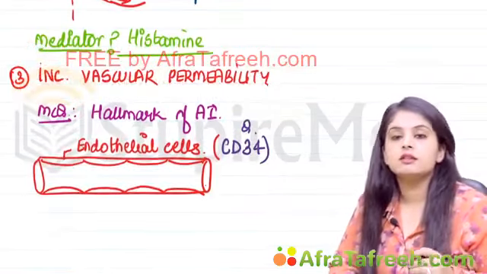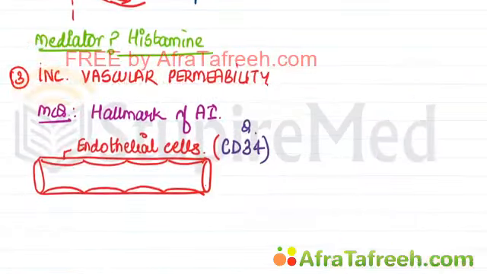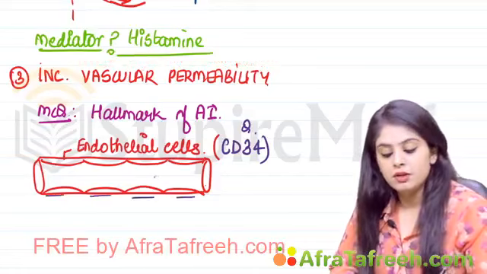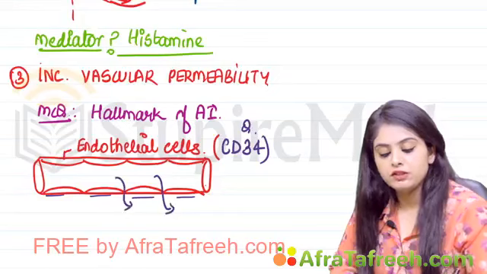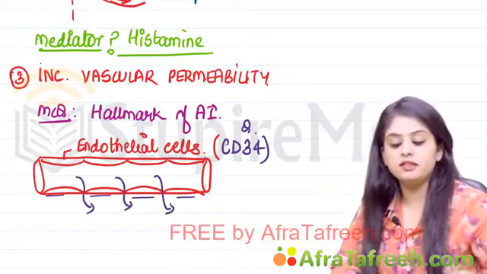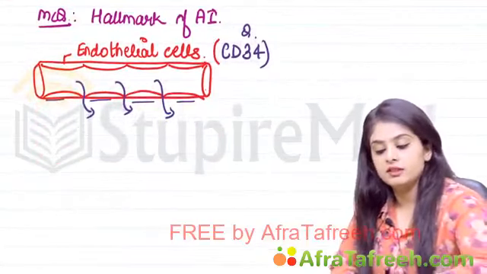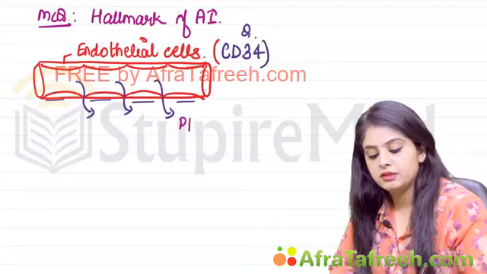Now coming back, what do you mean by increased vascular permeability? It means the permeability of the vessel is going to increase. How? Some changes are going to happen in these endothelial cells, because of which all of what is flowing inside the blood vessel is going to come out. Students, what is flowing inside the blood vessel? We have the plasma.